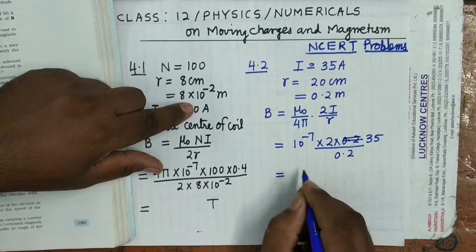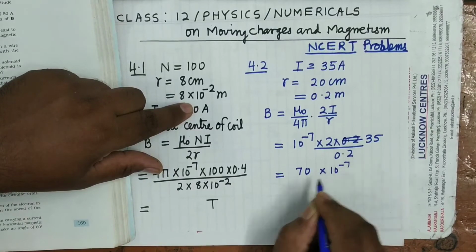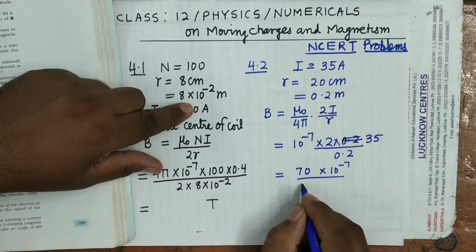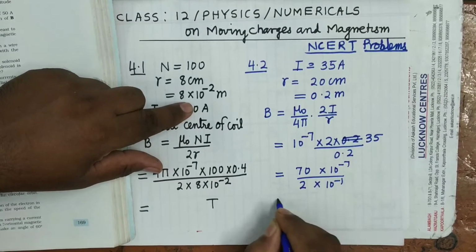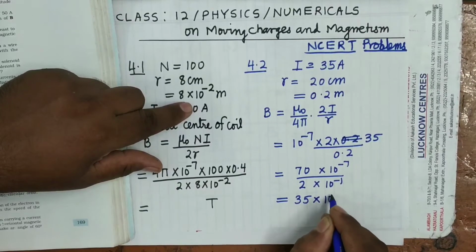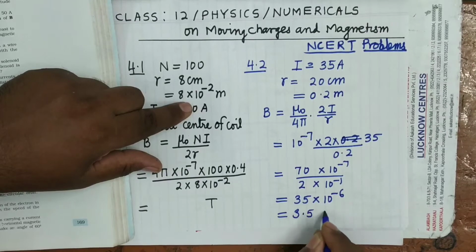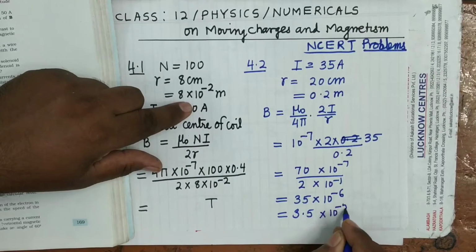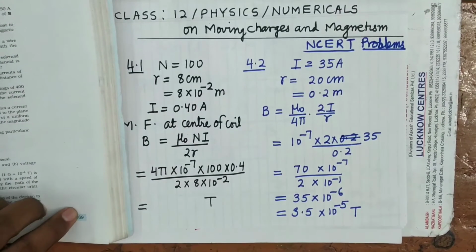So you can simplify it, 70 into 10 to the power minus 7 in the numerator, and in the denominator it is 2 into 10 to the power minus 1. That is 35 into 10 to the power minus 6, or 3.5 into 10 to the power minus 5 Tesla. It's clear. This will be the answer.